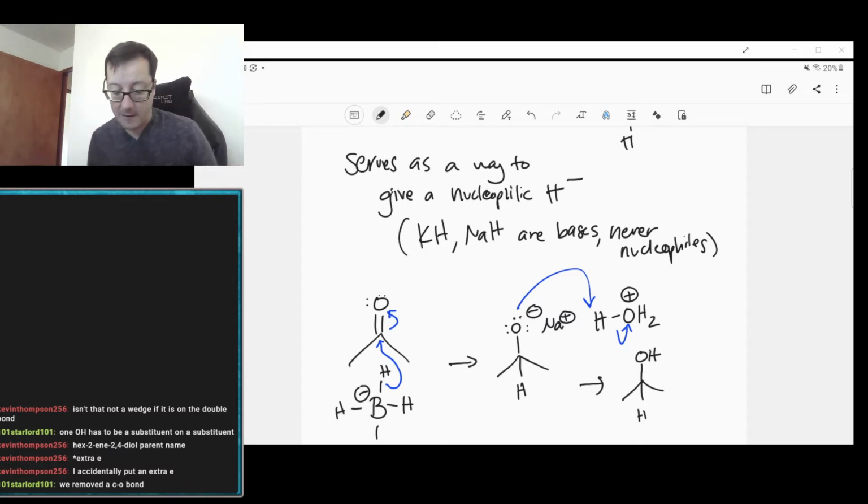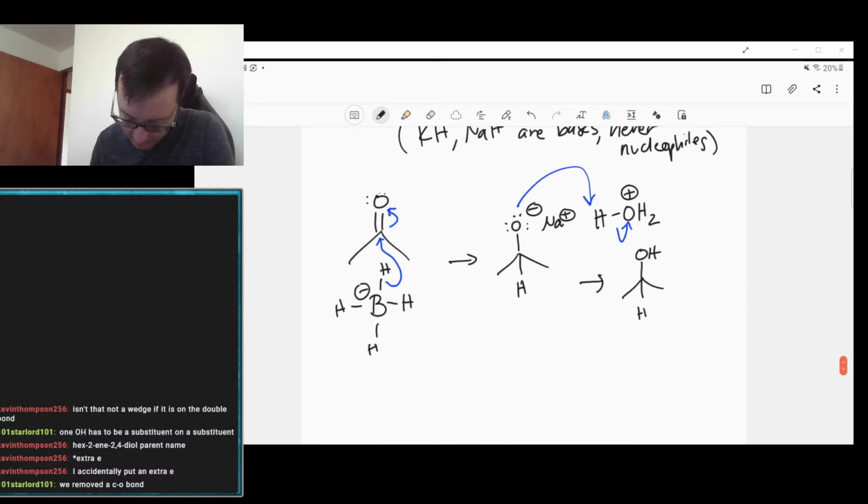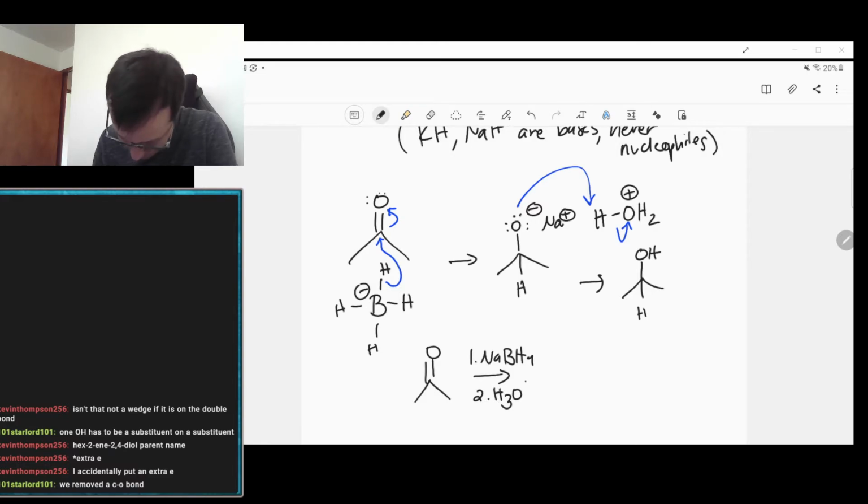So we're going to see here that that reduction has formed us a secondary alcohol from a ketone. And if we're looking at how we might write this, you'd say NaBH4, and then you'd have some acid, an acid wash. That will give you your secondary alcohol.